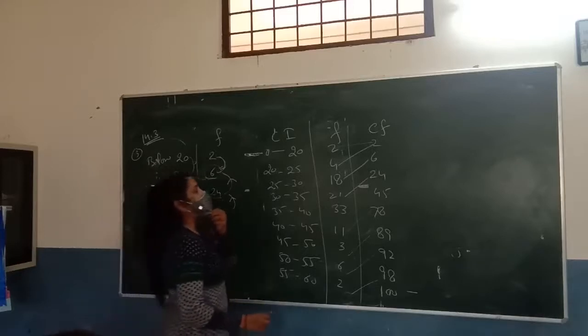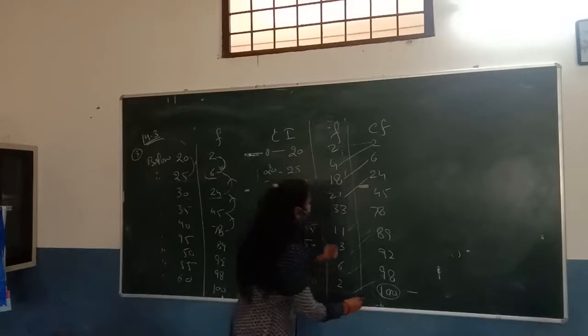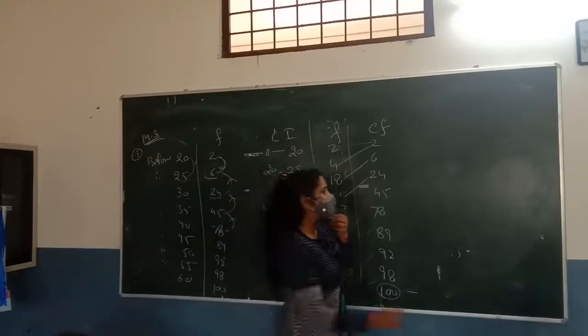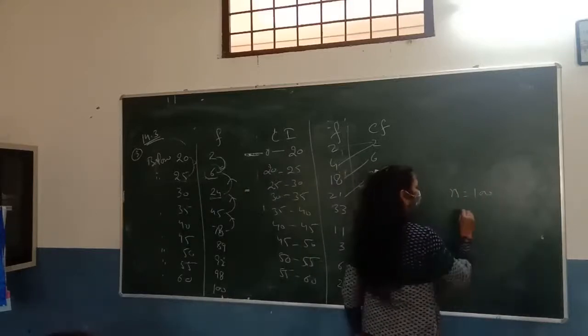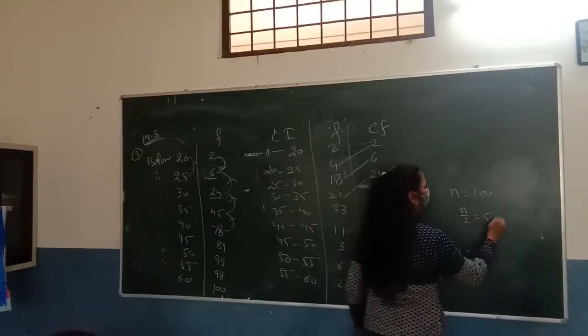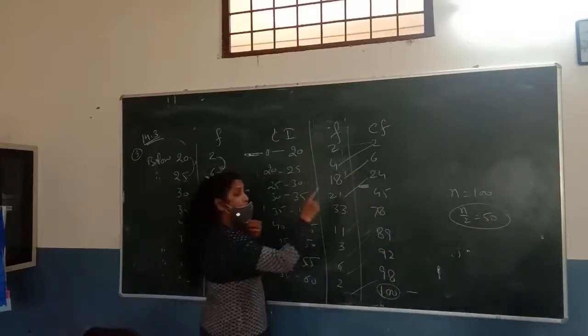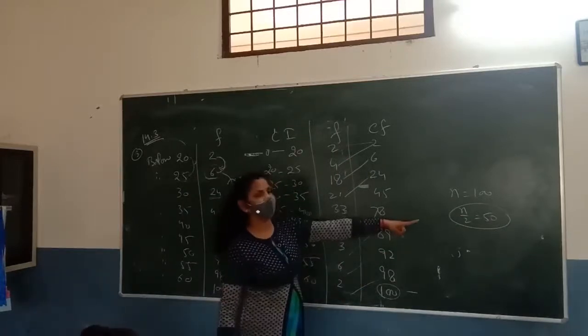Now, after preparing the CF table, this is actually the sum of the frequencies. If you sum all of these, you will get the same. Okay? So this is called n. N is 100. So first find the value of n upon 2, which is 50. Now the next step is to choose a number in the CF table which is just above n upon 2.